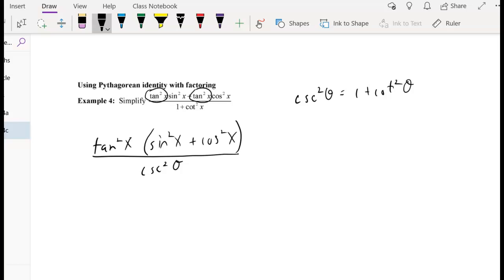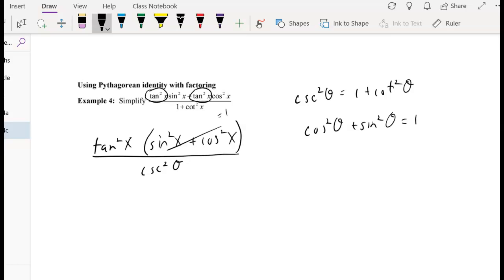Hopefully you recognize that there's the main Pythagorean identity here. Don't forget that the cosine squared of theta plus the sine squared of theta equals 1, and that means that this is just equal to 1.